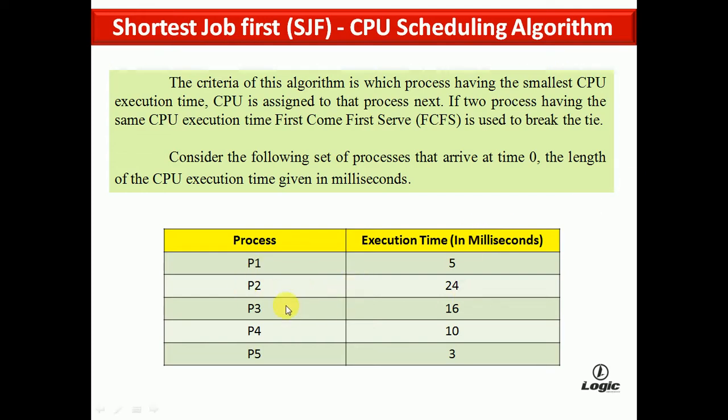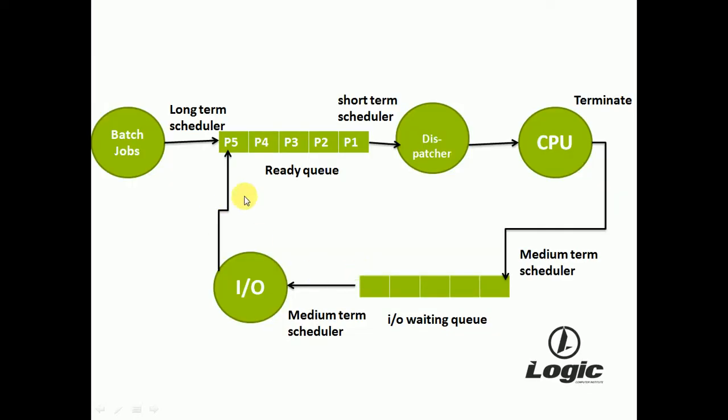Consider the following set of processes that arrive at time 0. The length of the CPU execution time is given in milliseconds for each process. P1 has an execution time of 5, P2 has 24, P3 has 16, P4 has 10, and P5 has 3. In the diagram there is a ready queue in which P1, P2, P3, P4 and P5 wait, and the short-term scheduler picks the process which has the shortest execution time and assigns it to the CPU.